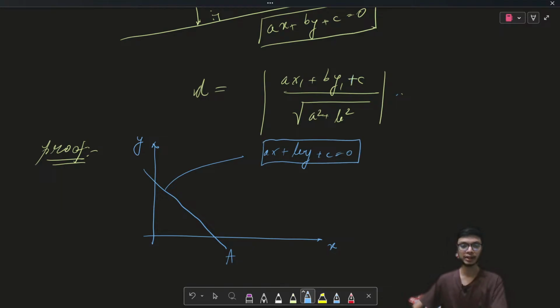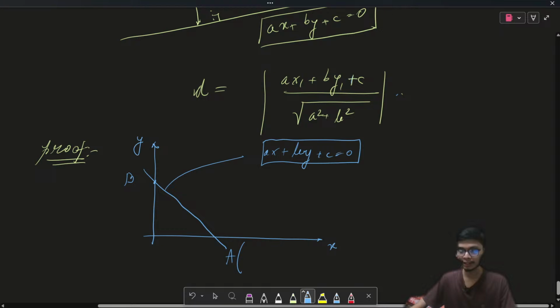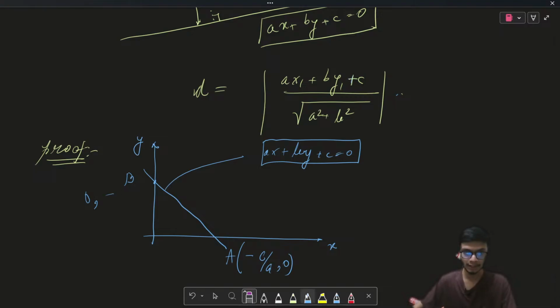If I try to find the x and y intercept coordinates, let us call them A and B. A will be (minus c upon a, 0), and B will be (0, minus c upon b). So this is what we have as the coordinates of point A and point B.